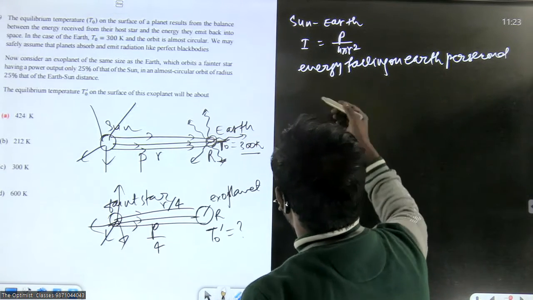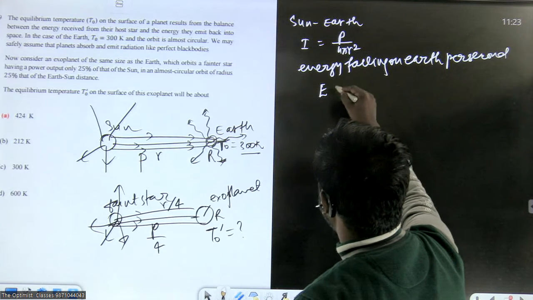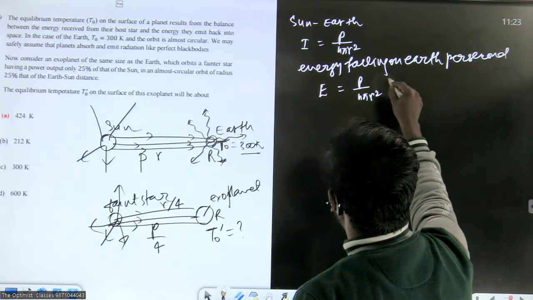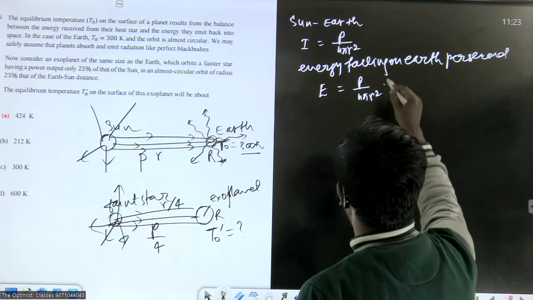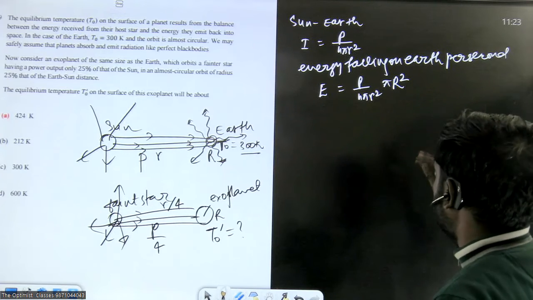So the energy is equal to P upon 4 pi R square times pi R square. That is the cross section area of Earth.